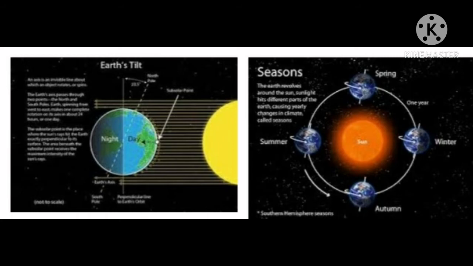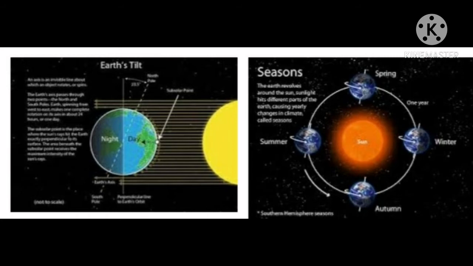After 22nd March, other parallels between the equator and the Tropic of Cancer in the northern hemisphere, and after 23rd September, other parallels between the equator and the Tropic of Capricorn start receiving perpendicular sun rays subsequently.